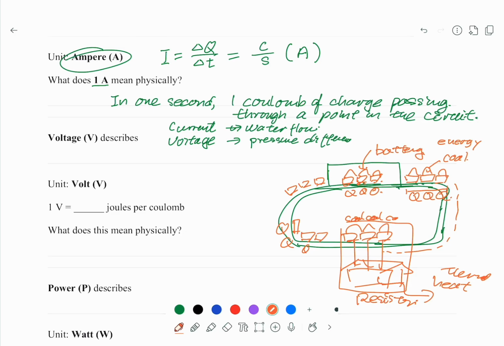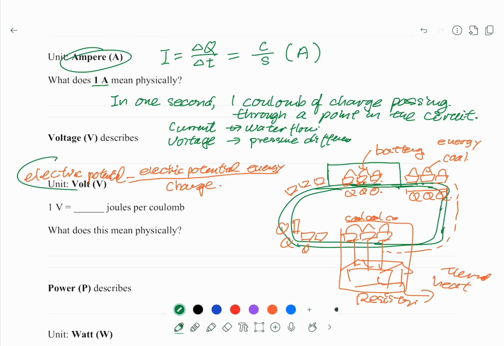So what is voltage? Voltage is the electric potential energy carried by each unit of charge. So we call this electric potential. Now remember, electric potential is electric potential energy per charge.